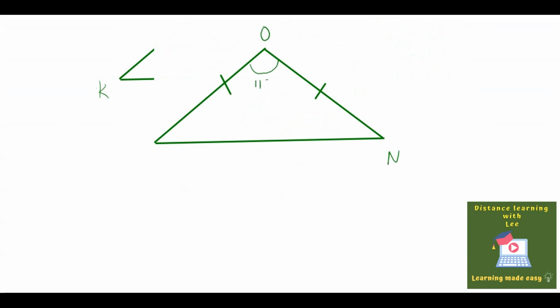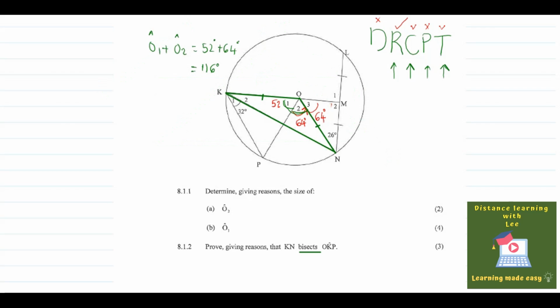So now all we need is angle K and angle N. So how do we calculate K and N, right? So all we need is angle K2 and our angle N there, all right? So I've just redrew that so that you see what's happening.